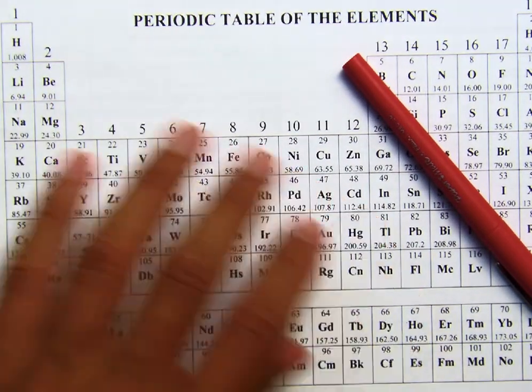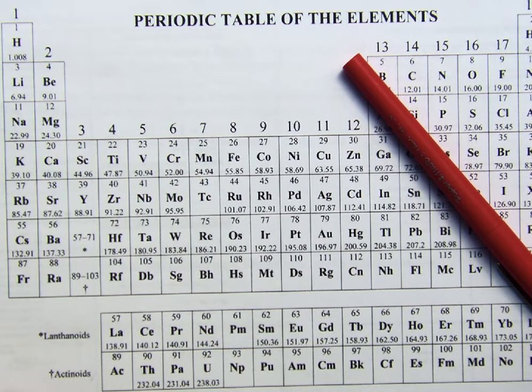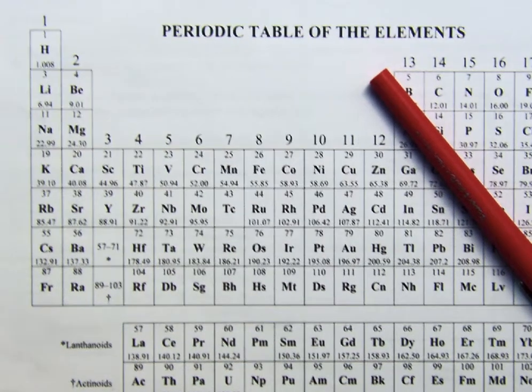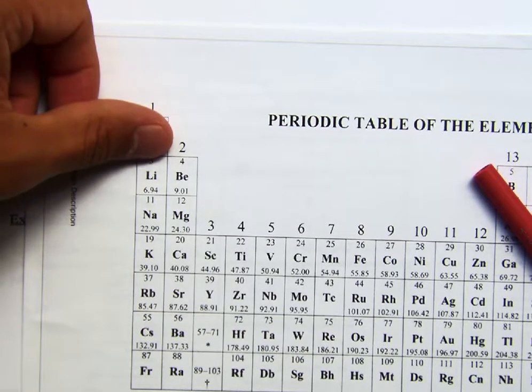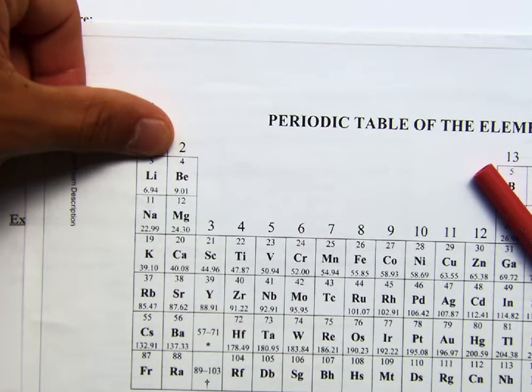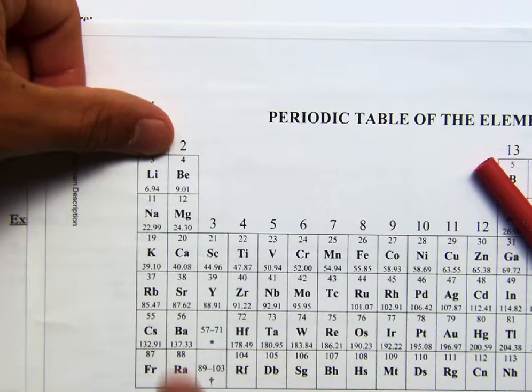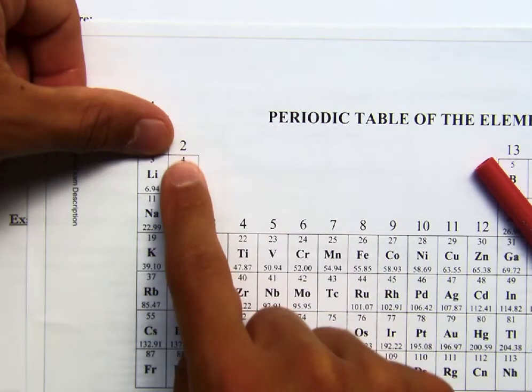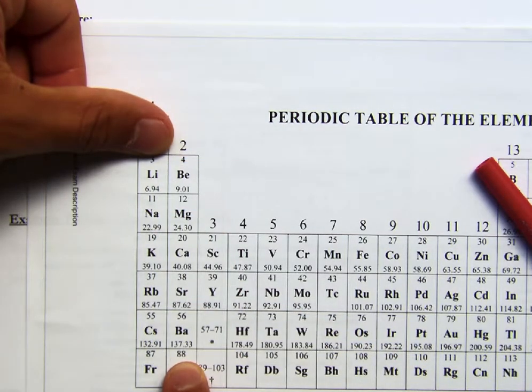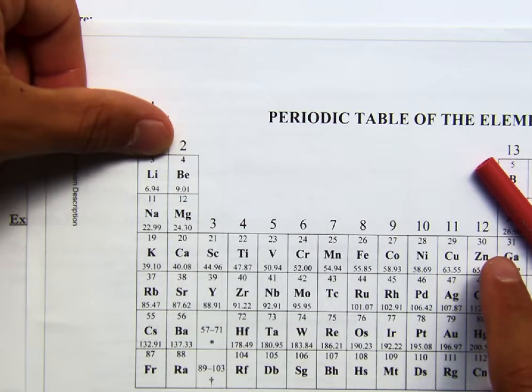Everything else, all of this, these are all metals. Now, a type 1 metal, actually, I guess hydrogen's not really considered a metal, but it's over here. A type 1 metal, the metal is in column 1 or column 2. There are a couple of exceptions, which are over here.